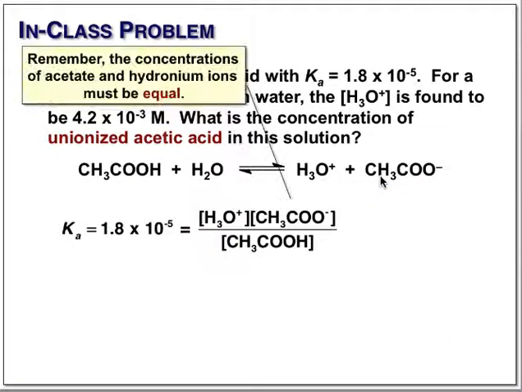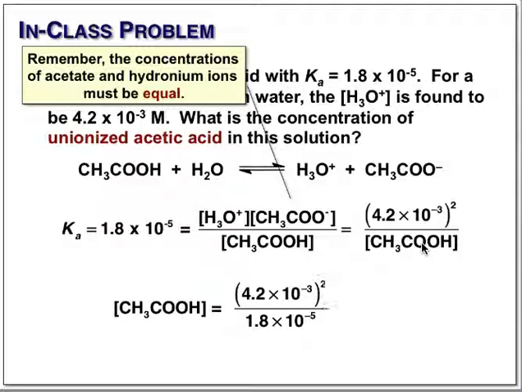Here's our expression. Again, we leave out the water. These two are identical. Now we've measured hydronium, so acetate must be the same. And all we have to do now is solve for acetic acid concentration. We do our simple math, and this is equal to 0.98 molar.